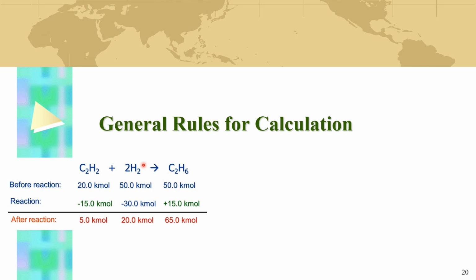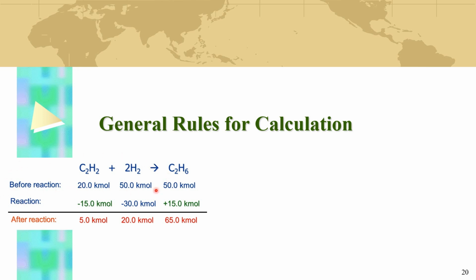Okay, so I think we finished the basic knowledge of chemical reactions, and now we want to do input equal to output, and there are some general rules. For example, this is the example we just used, right?